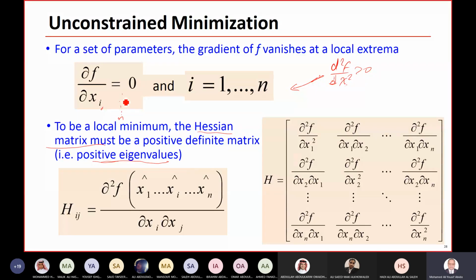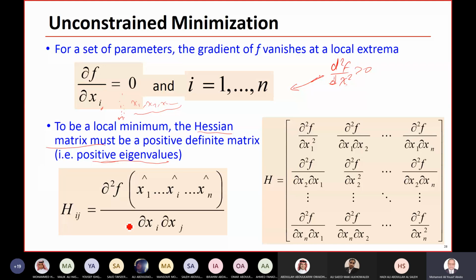So if you solve these equations and you find x1, x2, x3, and so on, and you substitute them in the Hessian matrix, and you calculate the eigenvalues of the Hessian matrix, and you find them positive, then these variables satisfy the minimum or the local minima that you are looking for.